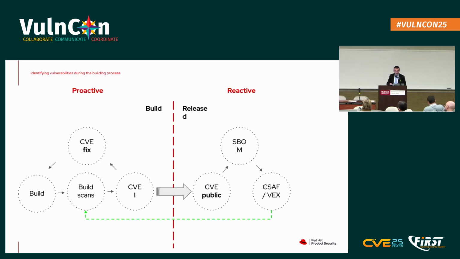We can correct our data to make sure that everyone knows what is going on in this particular component. Still, we can block this build. We can tell the owner, you have to fix it, and then release such an update as a security update to this particular component. That will improve our public data significantly. That's one of the use cases of how we can execute proactive and reactive vulnerability management together.